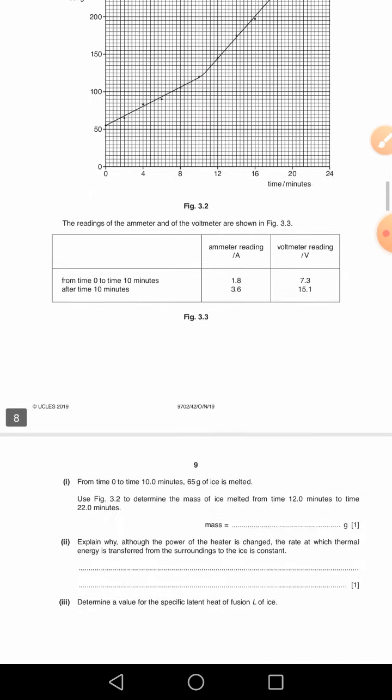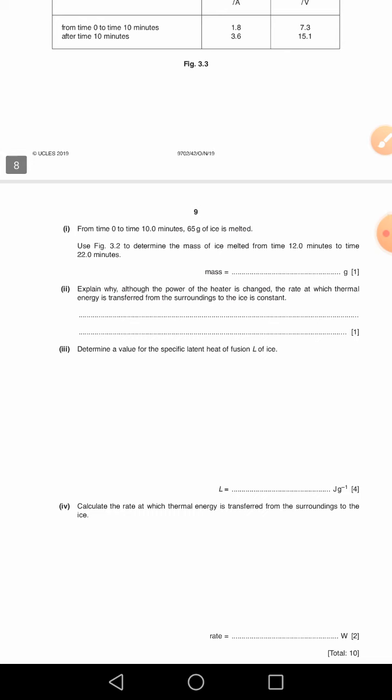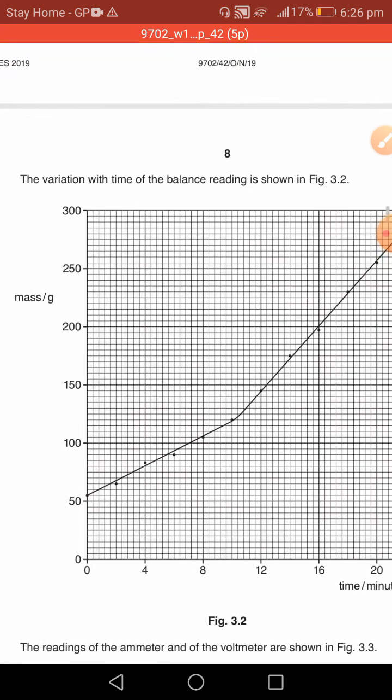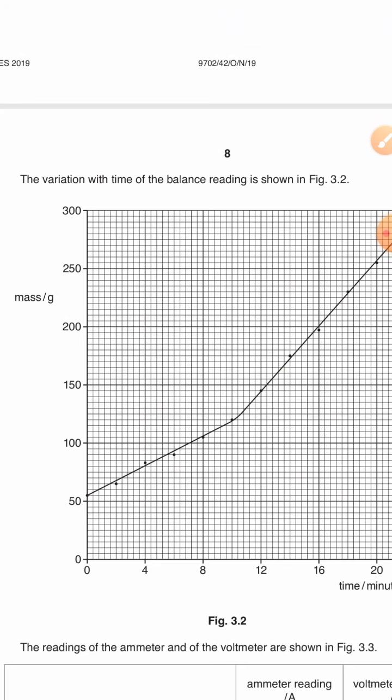Now what is the data? From 0 to 10 minutes, 65 gram of ice has melted. Is that so? I'm not sure.